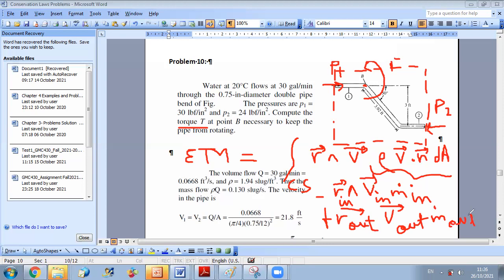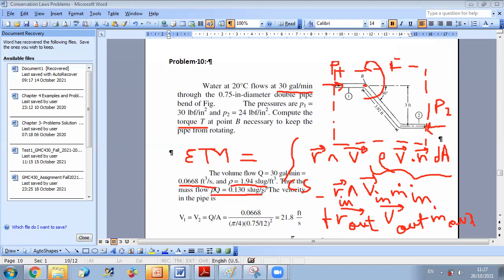Okay, so now if you look at your problem, first you should calculate m dot in and m dot out. It's very simple because they gave you the flow rate, in gallons per minute. You can convert it easily to feet cubed per second. So you have the conversion factor, you can find the expression of Q, and knowing the value of rho for water, you can get the mass flow rate.